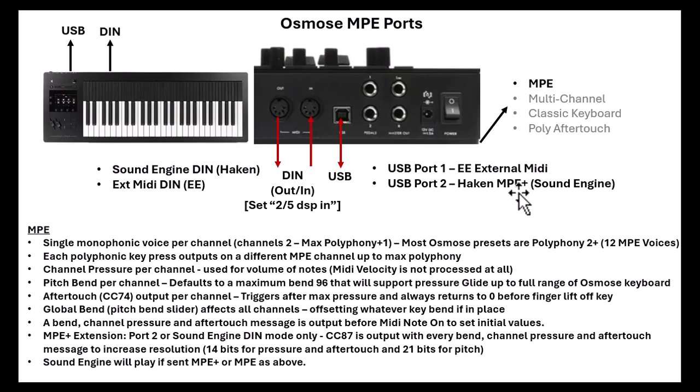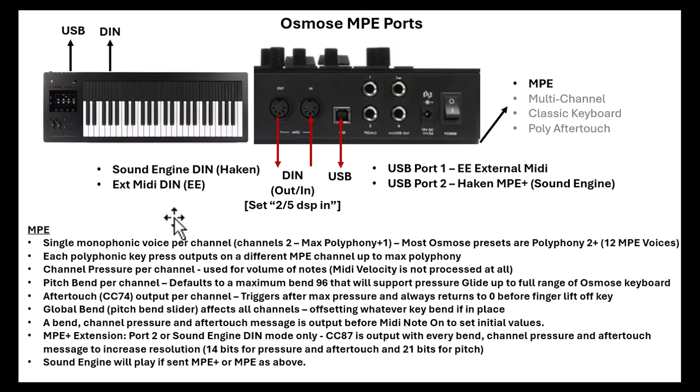This is MPE with a little bit of extra stuff added to support extended resolution that the Continuum was intended to support. Some of this MPE Plus makes sense for Osmose. Some of it is a little less applicable than on a Continuum keyboard, but still port 2 is MPE Plus on the Osmose.